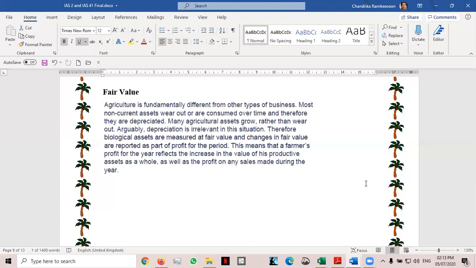So you can think of that increase in value as a passive increase, but it has to be reflected in the P&L. So this is why you're told here, this means a farmer's profit for the year reflects the increase in the value of his productive assets as a whole, as well as the profit on any sales made.